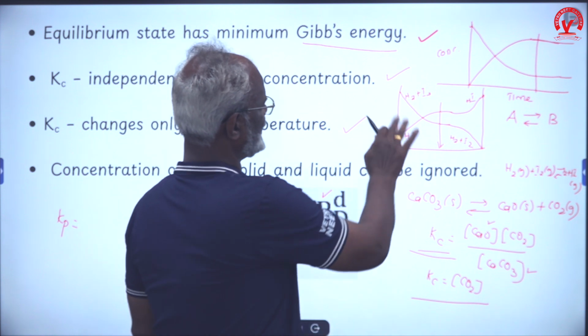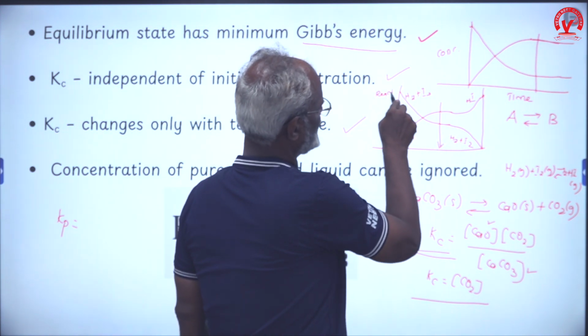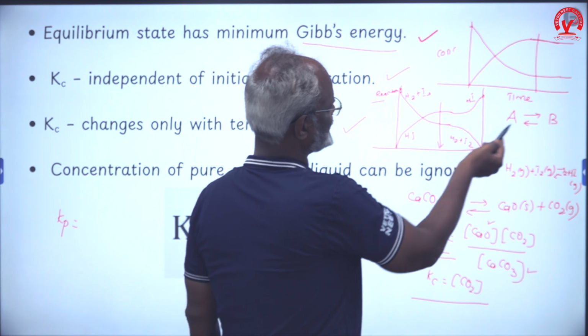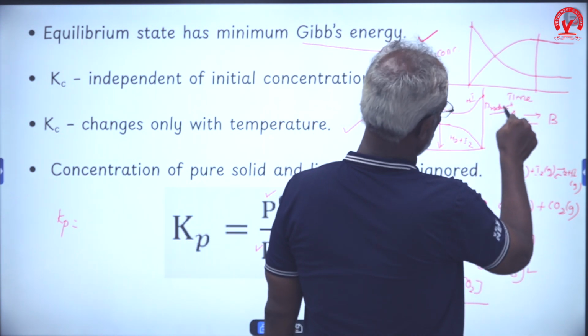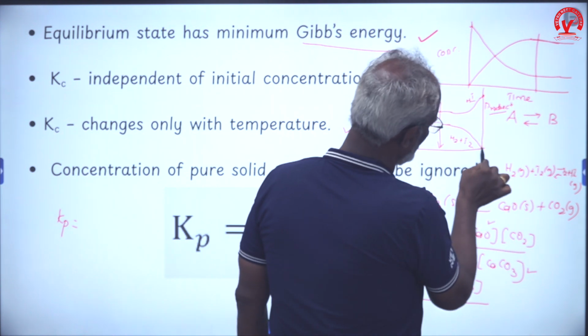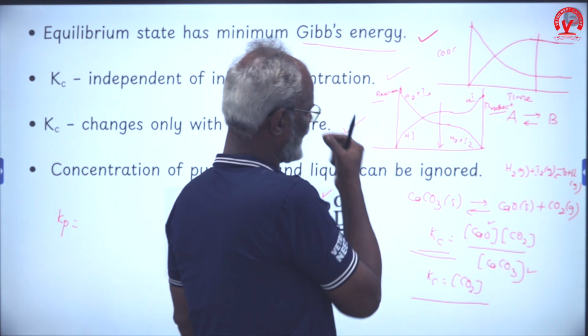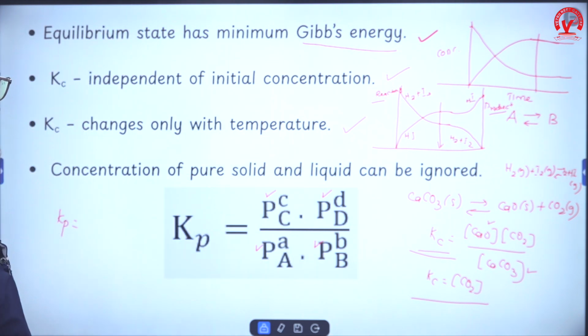So here we are starting from the reactant side, and the same reaction can also be started from the product side. Take HI, which gradually decreases, while H2 and I2 start from 0, and at a particular point the concentrations become constant.